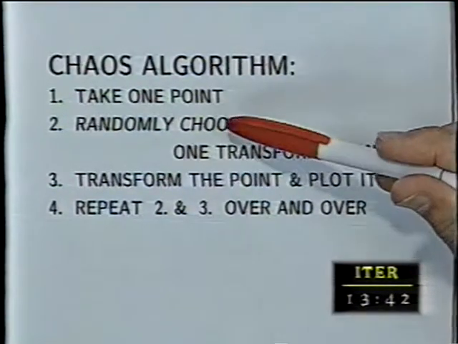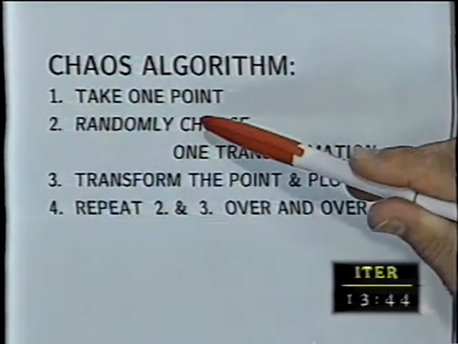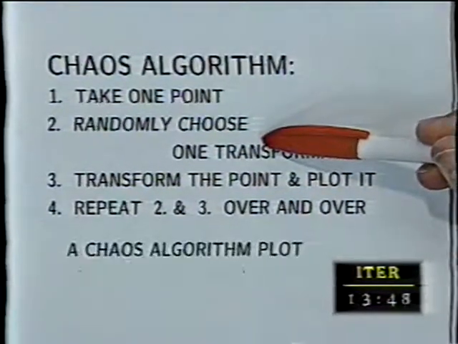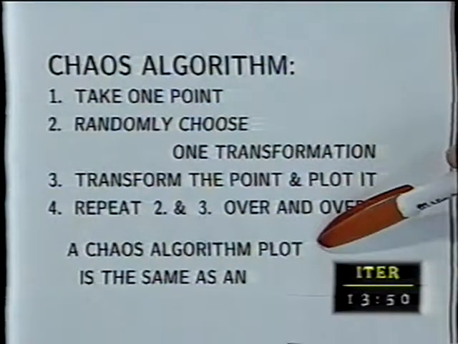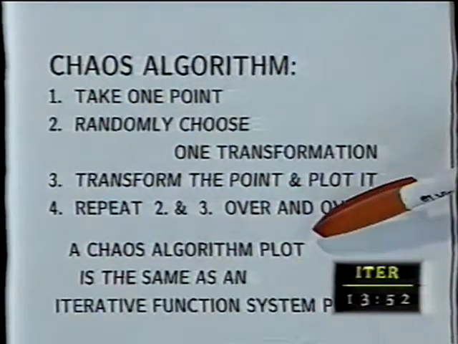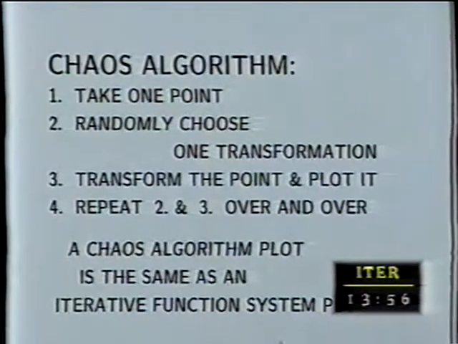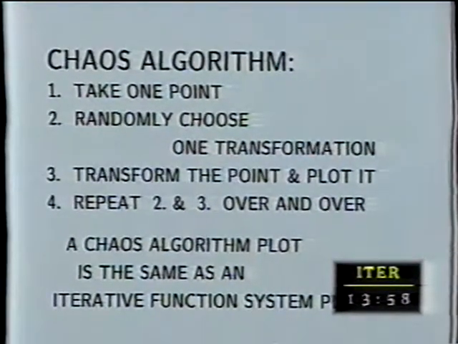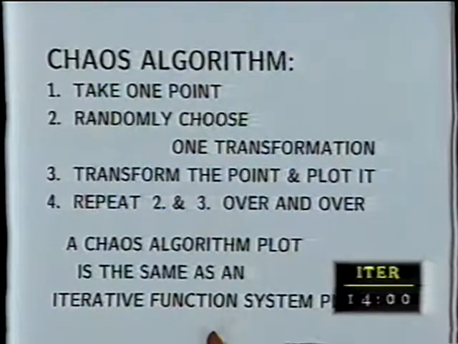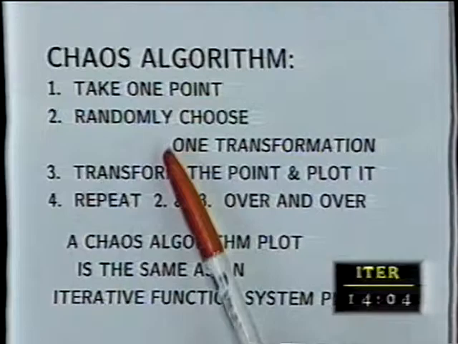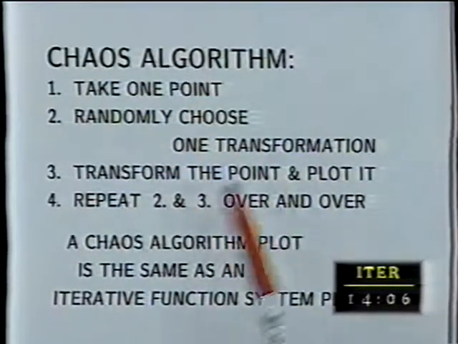But it's going through different transformations at different times because the transformation is randomly chosen. What happens is that the chaos algorithm plot is the same as the iterative function system plot. In fact, we call it an iterative function system plot. That's how we get our iterative function system plots. We get them by using the chaos algorithm, one point over and over again.